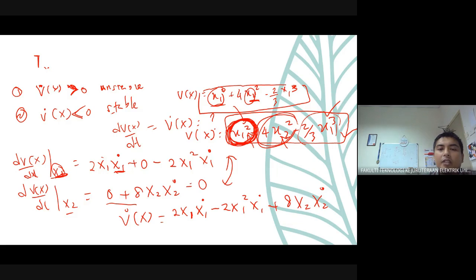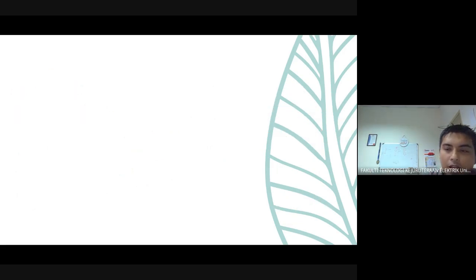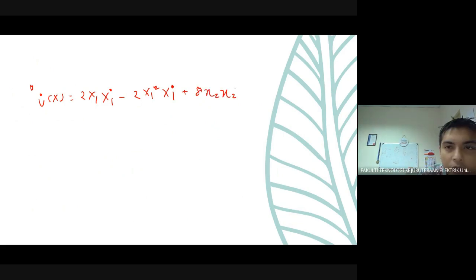So now we have this thing, you know that V dot x equal to 2 x1 x1 dot minus 2 x1 square x1 dot plus 8 x2 x2 dot.